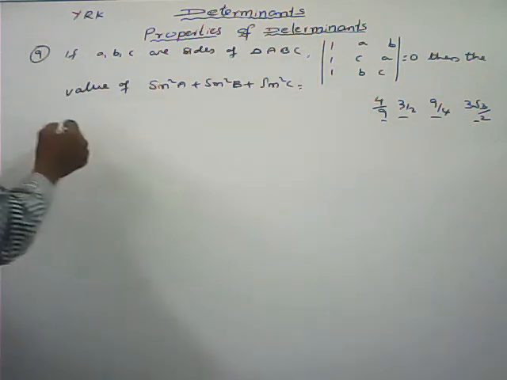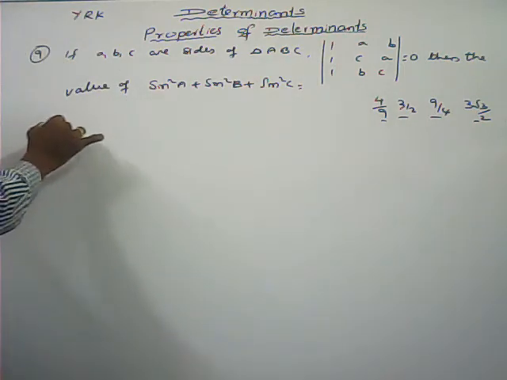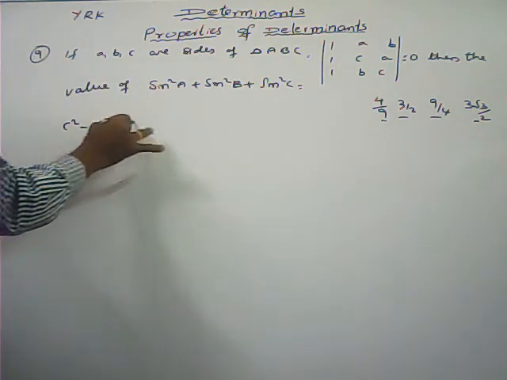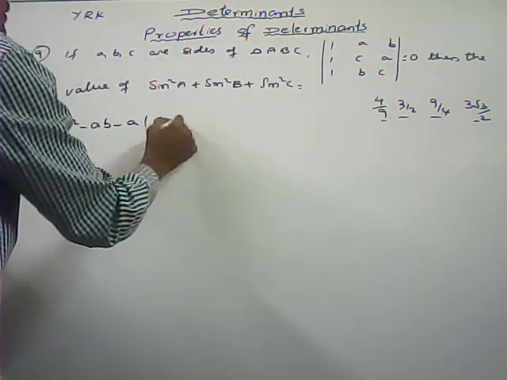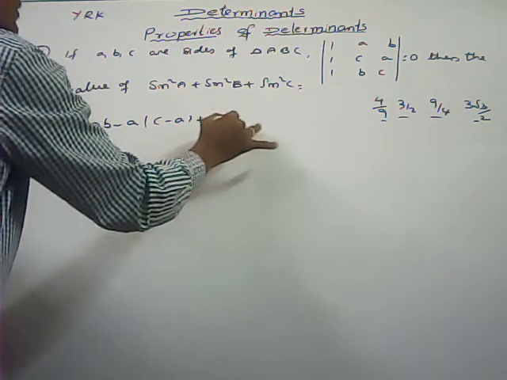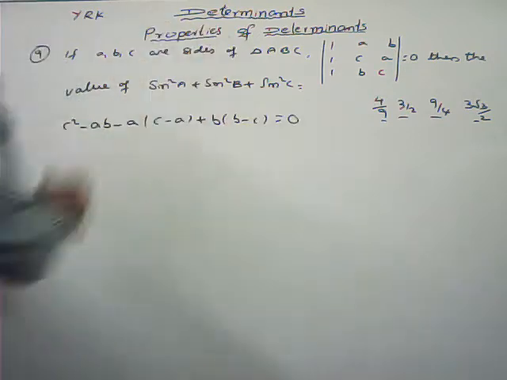1 into c square minus ab, minus a into c minus a plus b into b minus c, that is equal to 0.